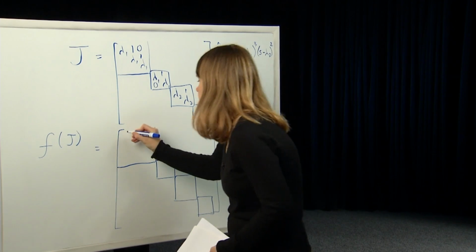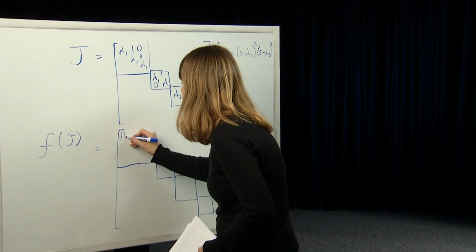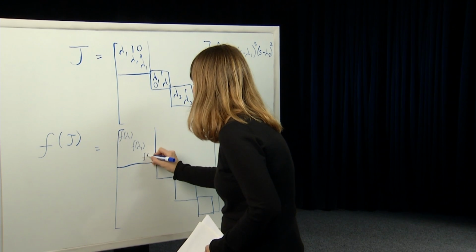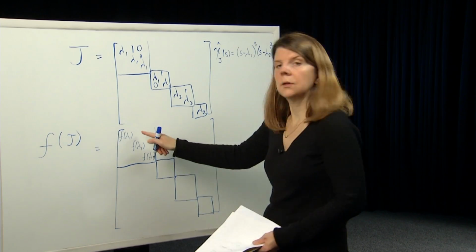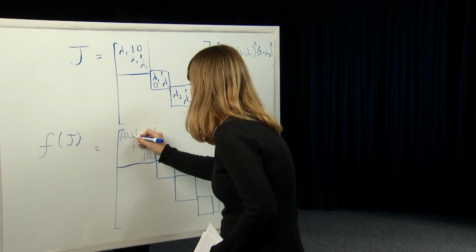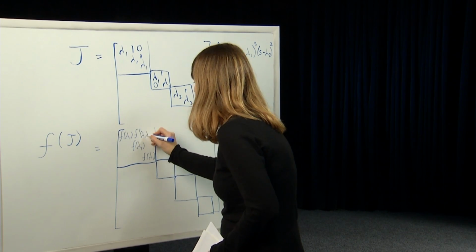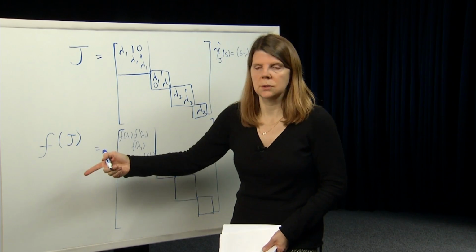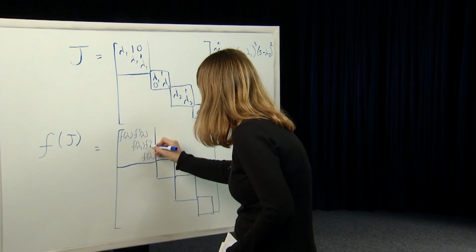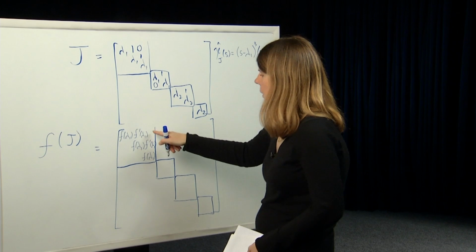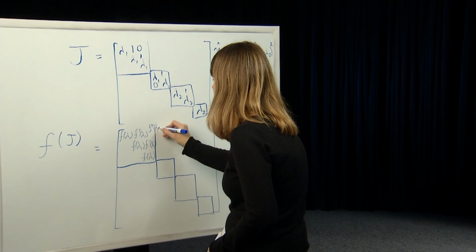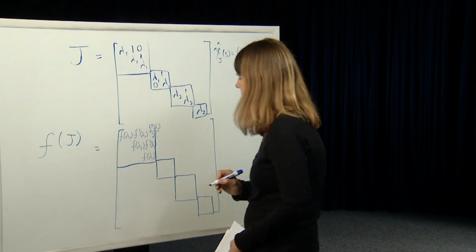As we presented last day, the form of that function is f of lambda 1 on the diagonals. Then on the immediate superdiagonal, we have f prime of lambda 1, the derivative of f with respect to its argument evaluated at lambda 1. In the upper right-hand corner, we have f double prime of lambda 1 over 2 factorial.